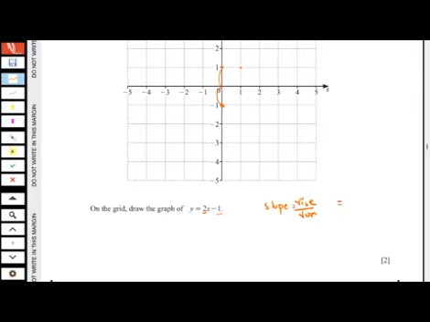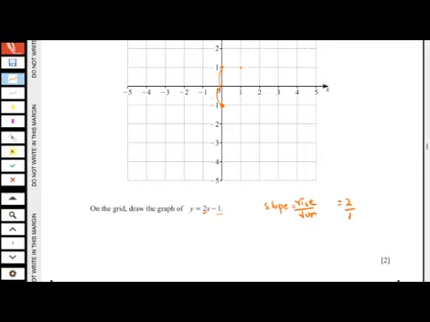So we have rise 2 divided by 1, which means 2 points we have to rise up, and run means 1 step left or right, because it has a positive sign, so we take it to the right side. So slope is 2 divided by 1. First we have the y-intercept, that is minus 1. Then we rise 2 units up and 1 unit to the right.